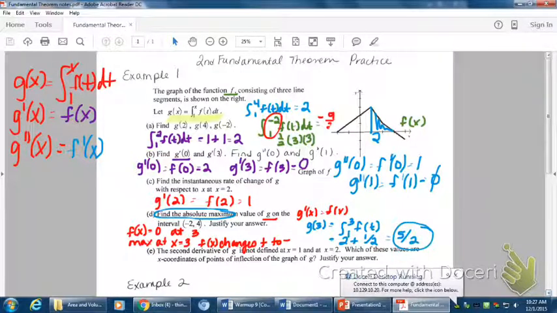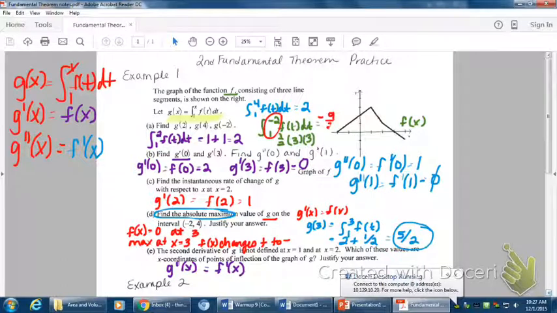Alright, the second derivative of g is not defined at x equals 1 and x equals 2. Which of these values are coordinates of the point of inflection of the graph of g? Okay, let's go back up to our picture a second. The second derivative of g is f prime of x.